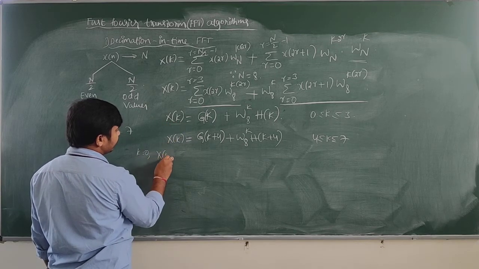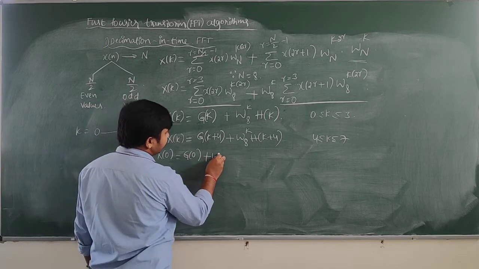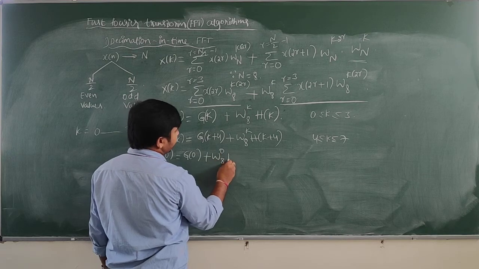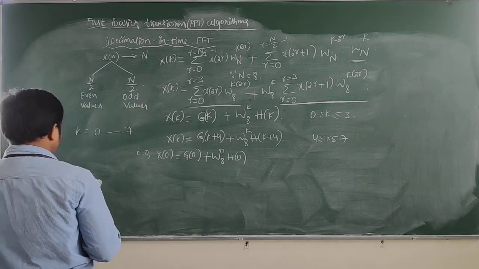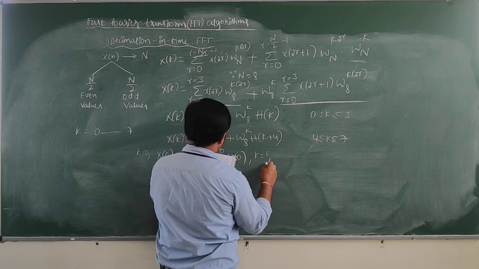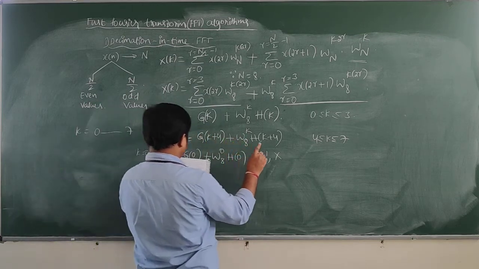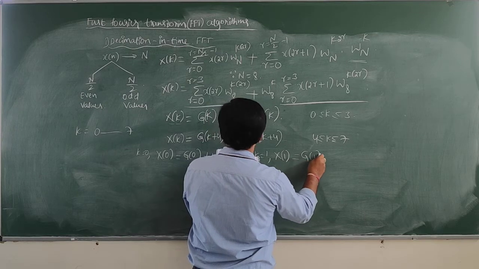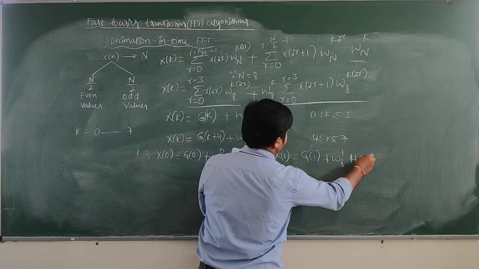I get X of 0 is equal to g of 0 plus W8 power 0 into h of 0. And I will put k is equal to 1. X of 1 is equal to g of 1 plus W8 power 1 into h of 1.